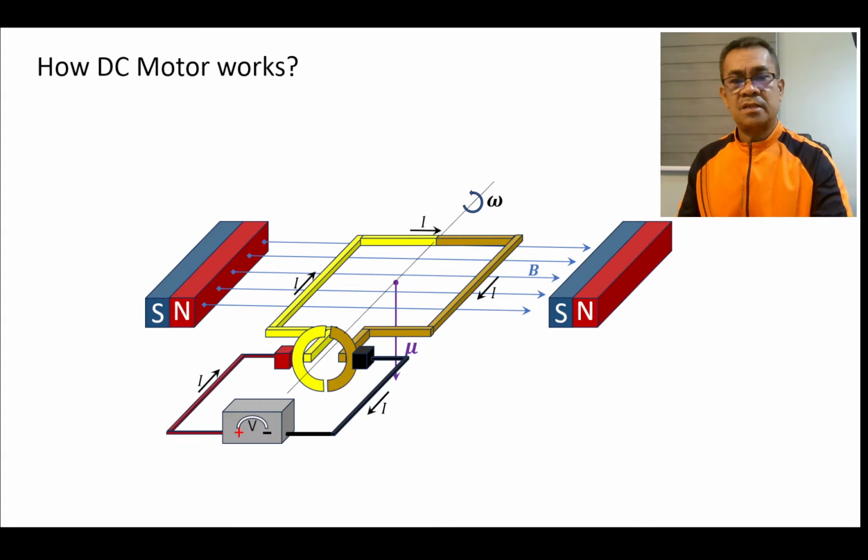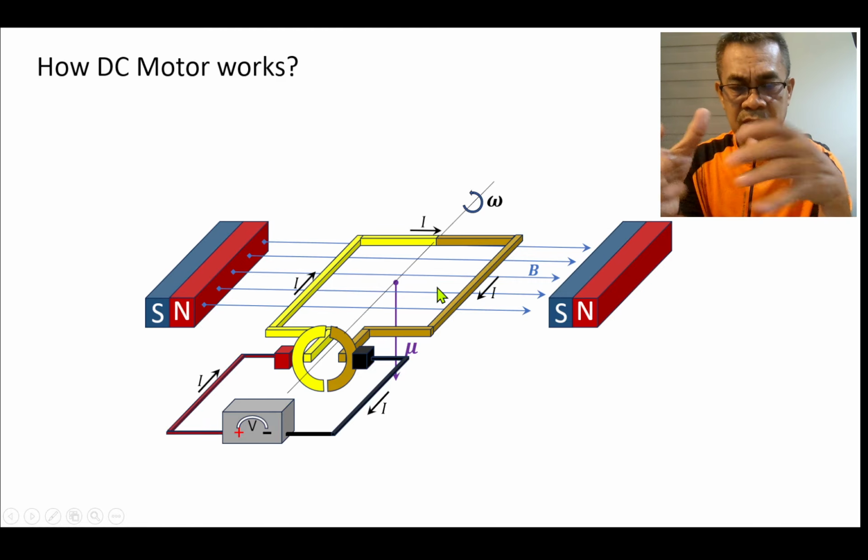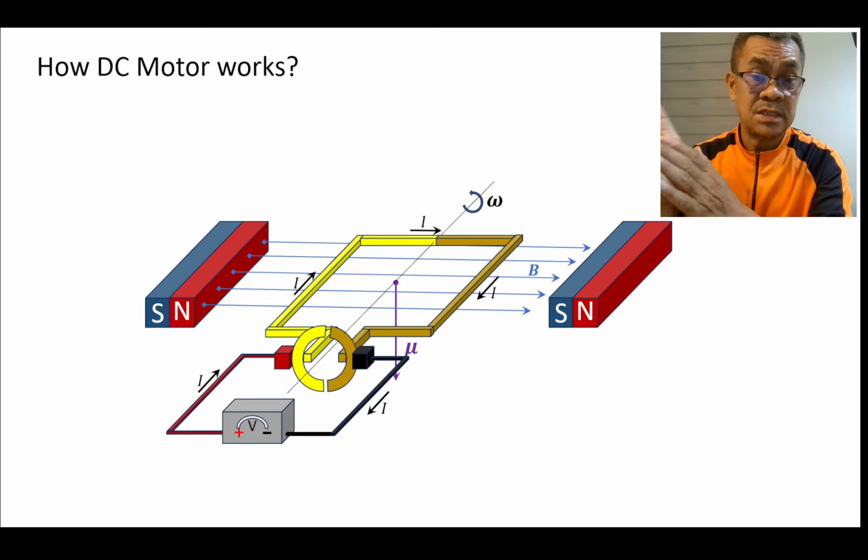At that point, look at this one. We now have the gold on the opposite side, and the yellow is here. But look at the current. The current in this yellow is directed opposite to our previous one. So the current in the conductor will reverse every 180 degrees.